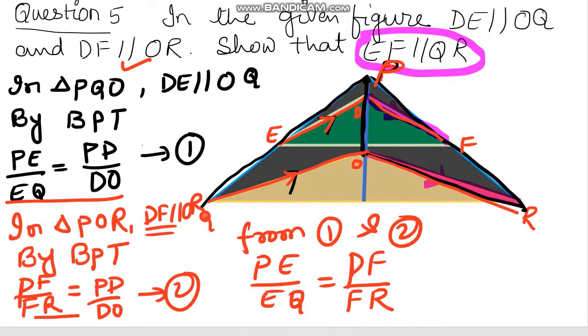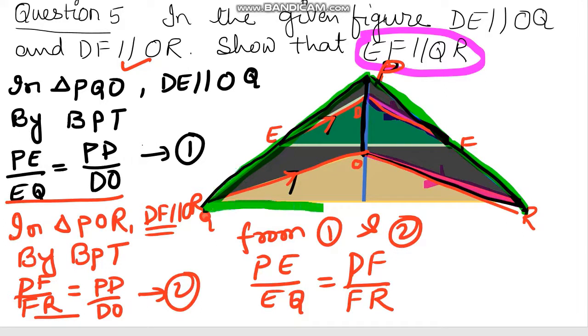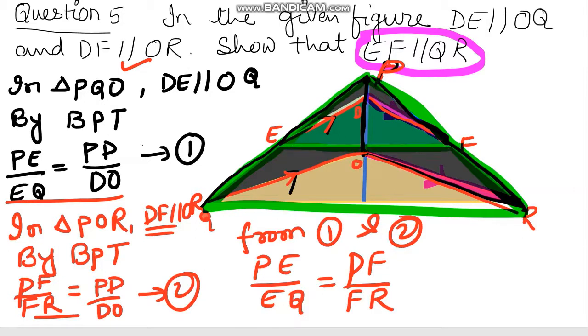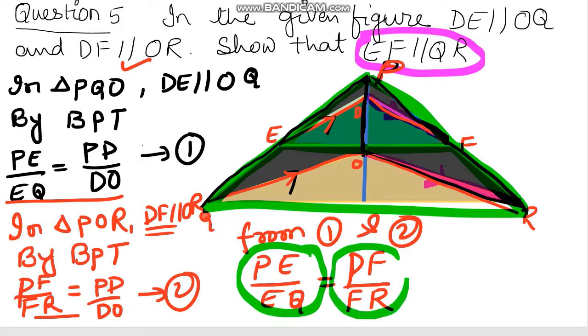See, this is PE, and PE by EQ is equal to PF by FR. Now children, try to understand here. If you take triangle PQR, you can see here that EF is a line passing through the sides PQ and PR, and here we are getting PE by EQ equal to PF by FR.